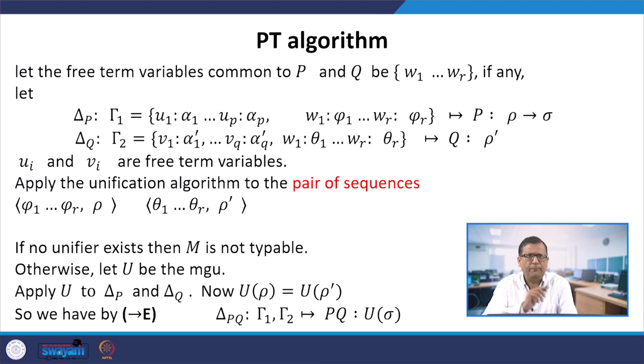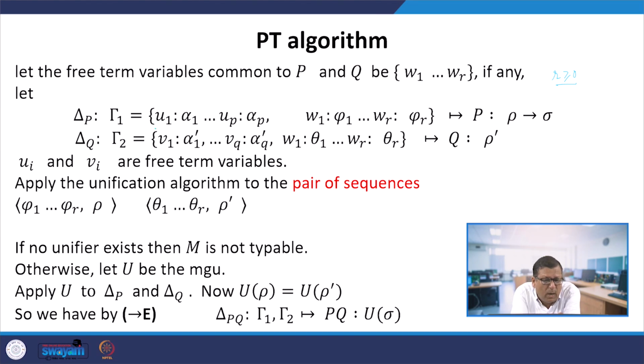Now let the free term variables that are common to P and Q be W1 to WR, if any. That means R will in general be greater than or equal to 0. If there are no common term variables, then it will be the empty set. Otherwise, we have W1, W2, and so on up to WR. And there are these other free term variables that are not common.